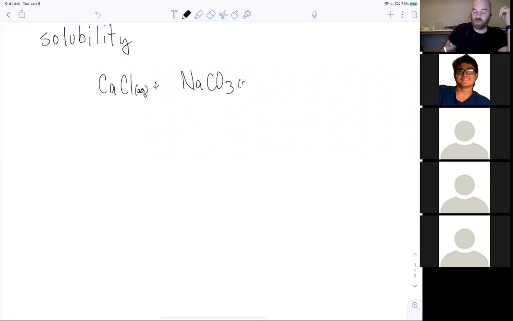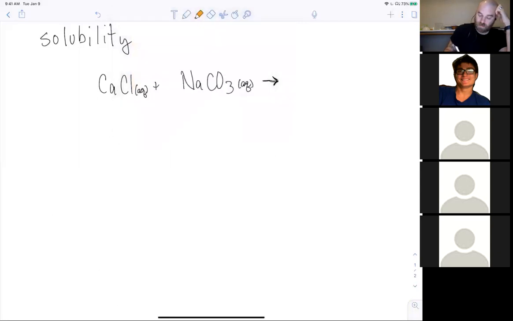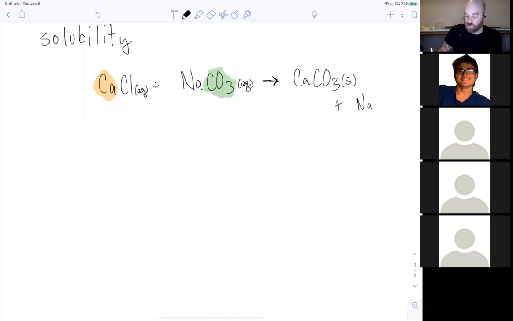These are aqueous, so I've dissolved them. These can undergo a reaction where the cation of one of the salts will react with the anion of the other salt, and you'll form an insoluble salt, like calcium carbonate. Usually the other salt will be soluble.